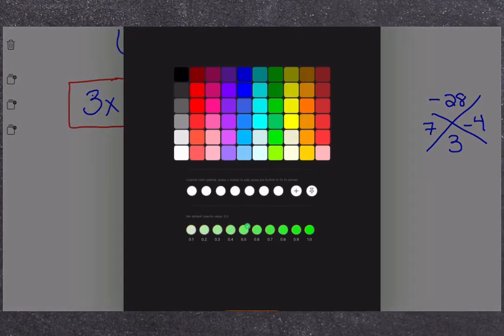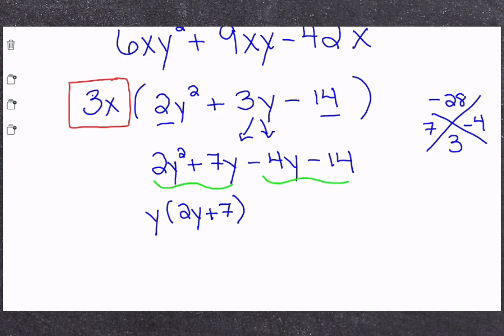And then let's look at the last 2. So the last 2, they have a 2 in common, but there's negatives. So instead of just a positive 2, I'm actually going to take out a negative 2. If I don't take out a negative 2, it won't look like the first parenthesis. So that's another reason why I need to take out that negative.